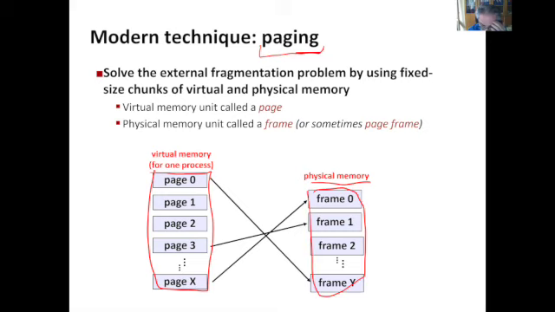Note that the physical page may also be called a frame, or sometimes a page frame. It's the same thing. The idea is that you have these pages of a certain size. It can be 1 kilobyte, 4 kilobytes, sometimes 4 megabytes, but they have the same size in both the physical memory and the virtual memory.